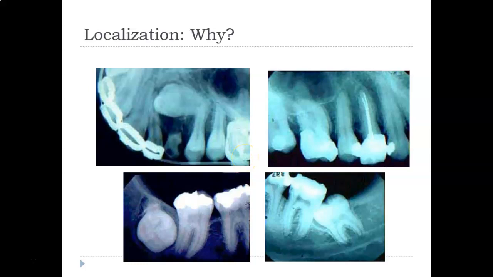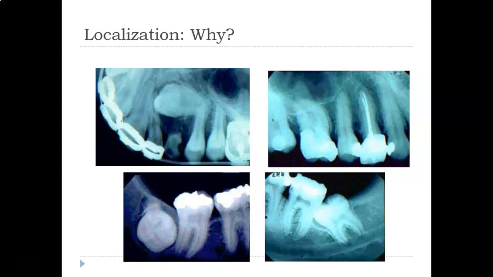When we are looking at radiographs, they are two-dimensional pictures of a three-dimensional object. We're not flat, we're not pieces of paper, we're three-dimensional. But when we take a radiograph, everything gets superimposed on each other, and it's two-dimensional. We see everything in just one plane.